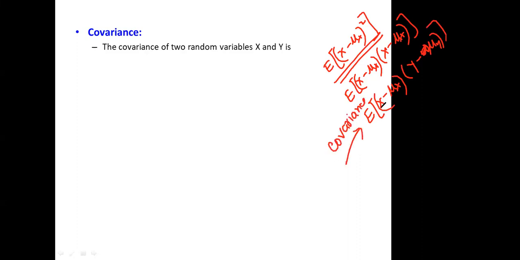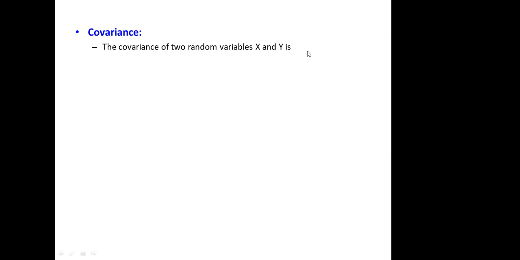That means variation of one random variable with the other random variable. This is the covariance. But when it is in the same random variable, this is called variance. Clear? Yes, sir. Okay.